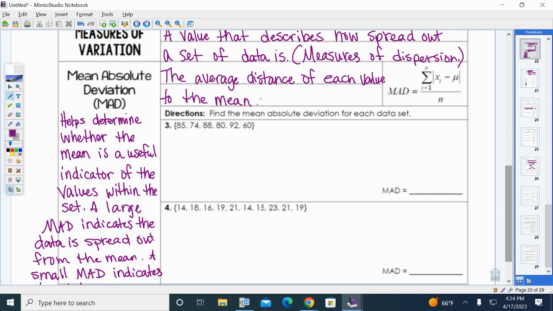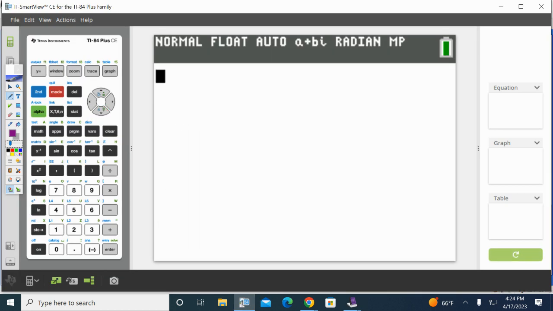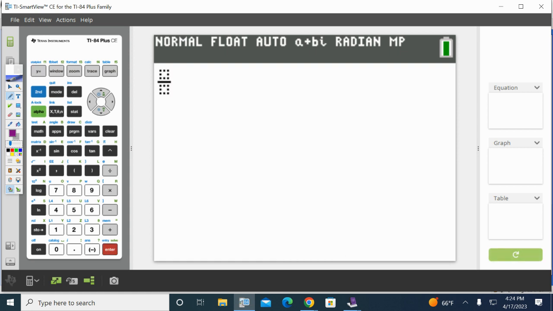So the mean is involved here, and I need to find the mean for this data set on number 4. I'm just going to add and divide in the calculator. I'm not going to use a list. I can do this in the calculator just as fast, and you can certainly pull up a fraction and make this go even faster.